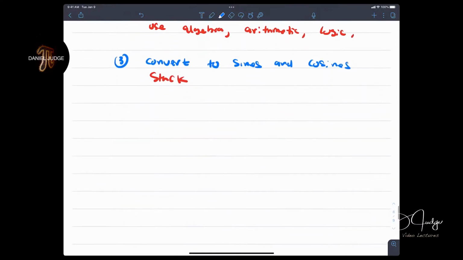So let me give you guys an example here. Tangent theta over secant theta equals sine theta.